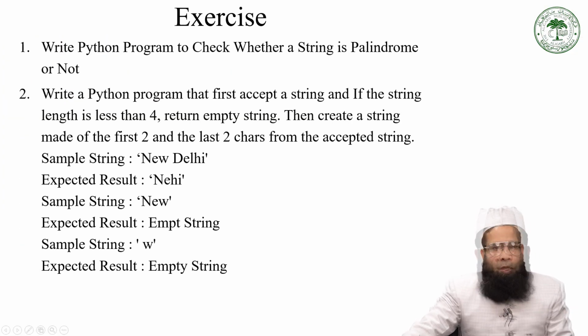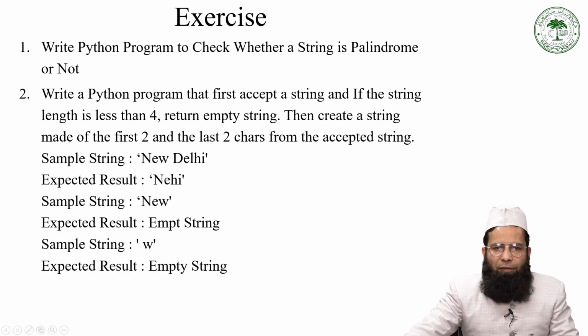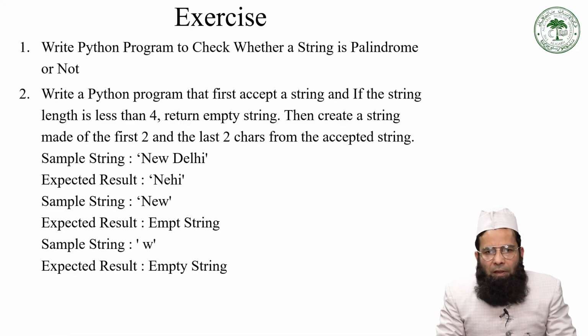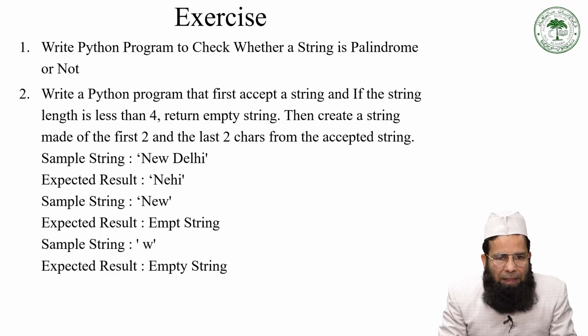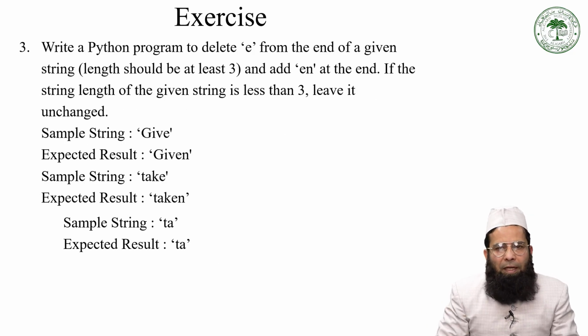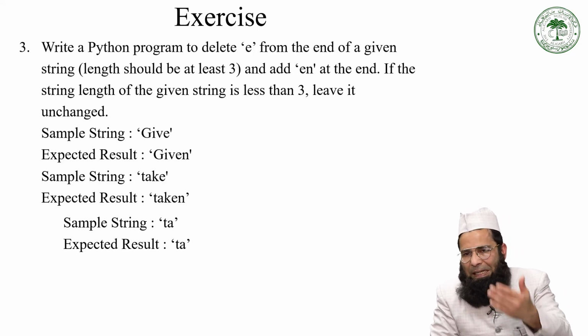Let me come to the PPT now. So we have seen the very first problem. Similarly, you can solve other problems as well. The second one, I have given one more problem. Write a Python program to delete e from the end of a given string. Length should be at least 3 and add en at the end.